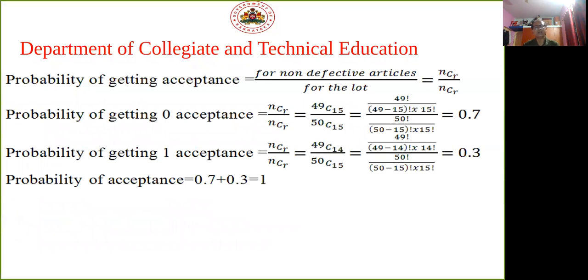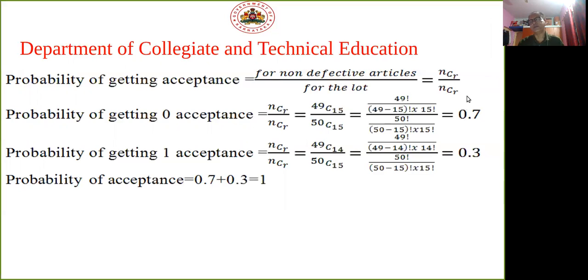Now, what is the probability of getting acceptance? It is the number of non-defective articles divided by the number in the lot, which I can simply write as NCR by NCR.